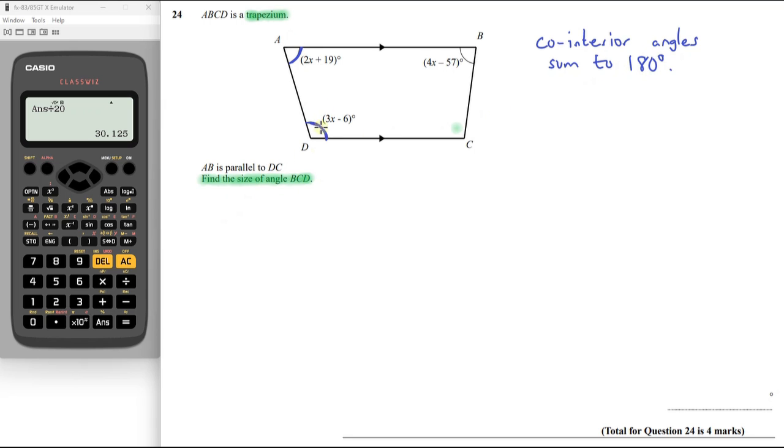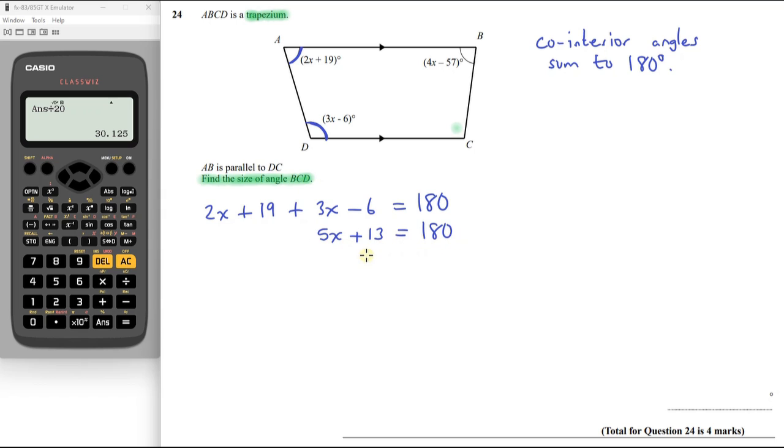So we can write this out as an equation. We can say that 2x plus 19 plus 3x minus 6 is equal to 180 degrees. Now we can solve this equation. 2x plus 3x is 5x. 19 minus 6 is plus 13, and that equals 180.